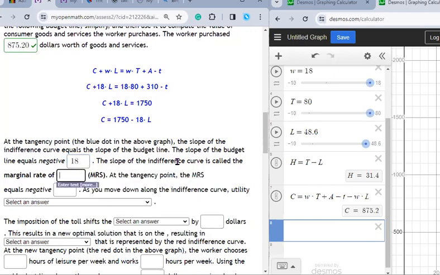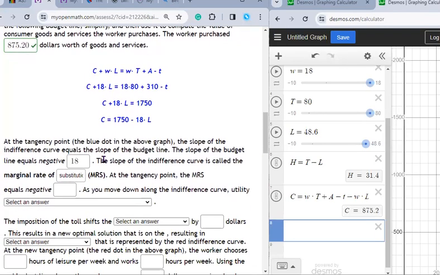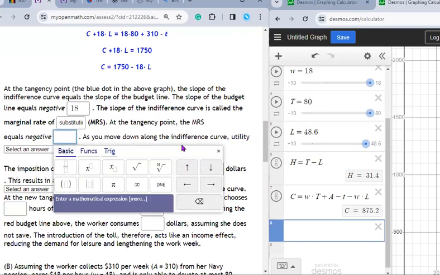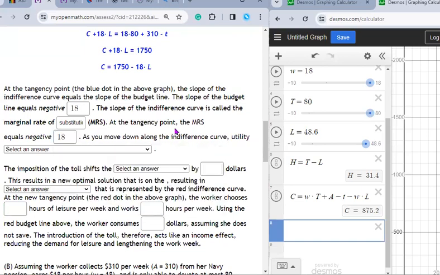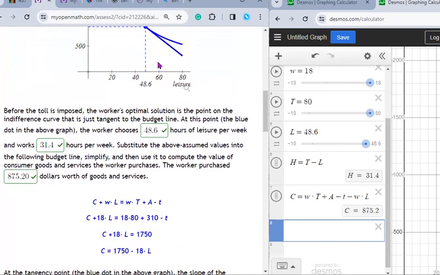The slope of the indifference curve is called the marginal rate of substitution. At the tangency point, again, the slopes of the two are the same, right? Because we can focus in and that curve looks like a flat line. And it equals a negative 18, right? Now, as you move down along the indifference curve, utility does what?